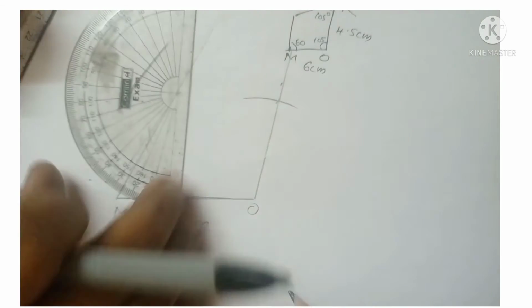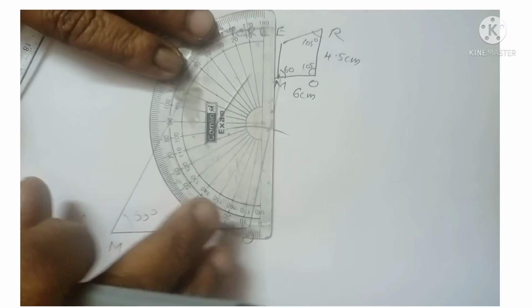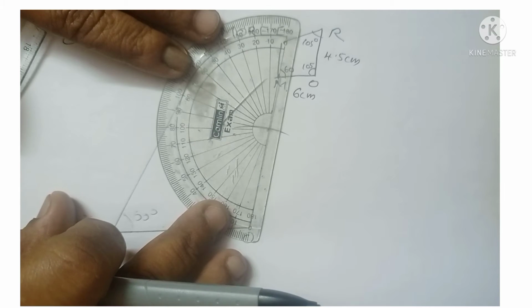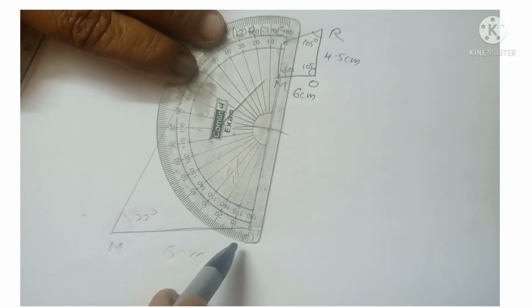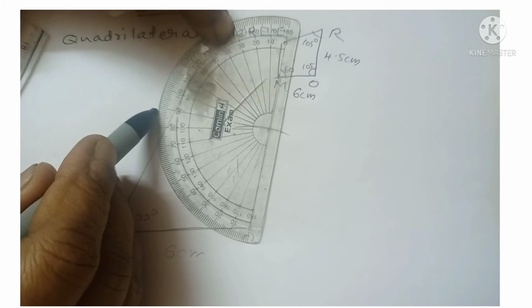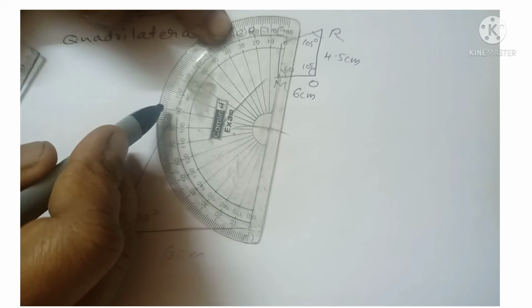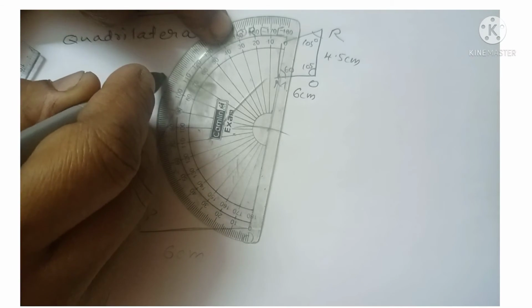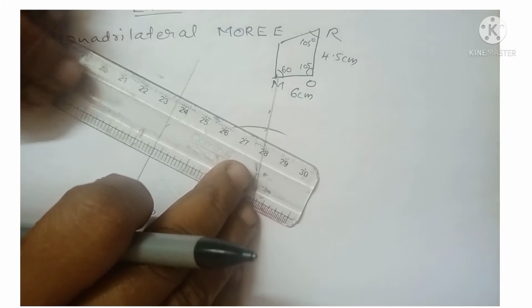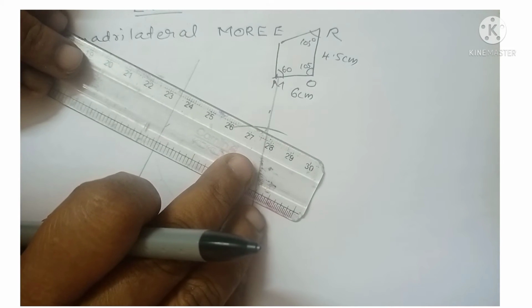So here place the protractor at the point where we marked 4.5 and measure 105. So from this we want to mark 105. So it is 90, 105. Here it is 100, then here it is 105. Then through that point we want to draw a line. So look into that one.